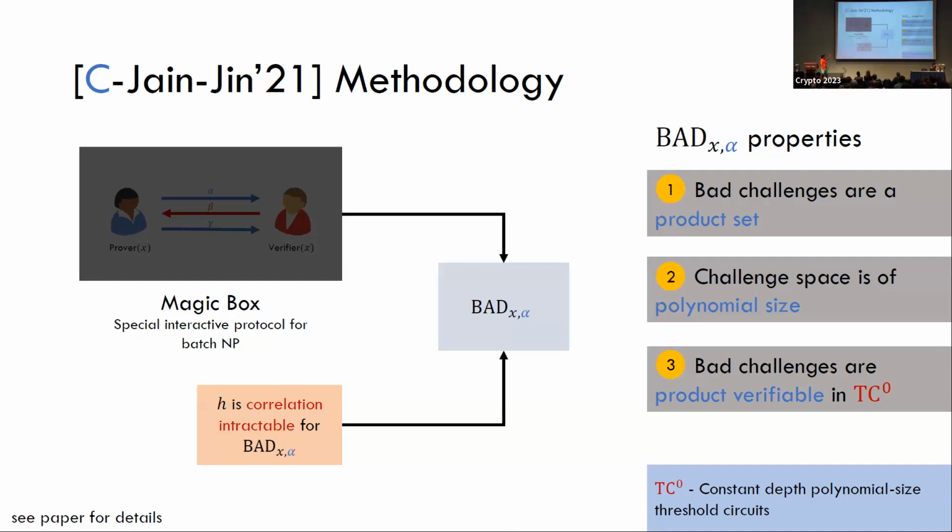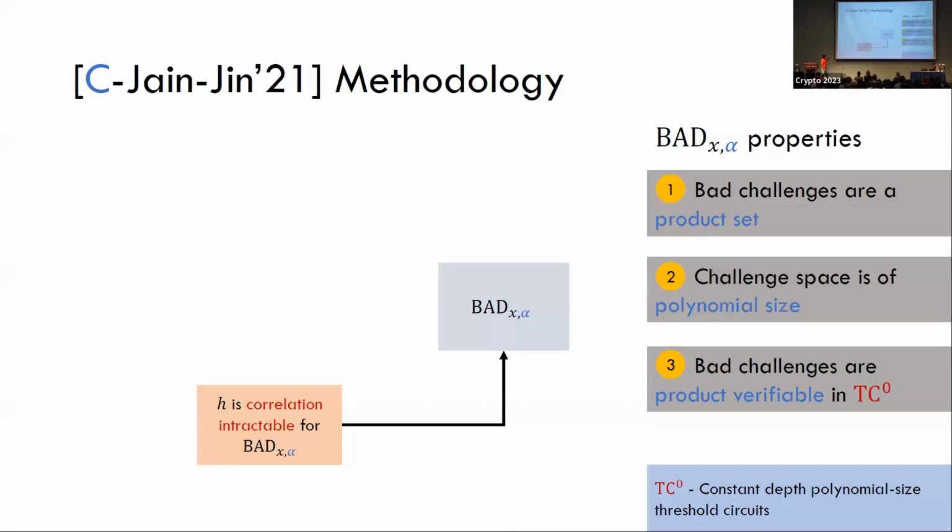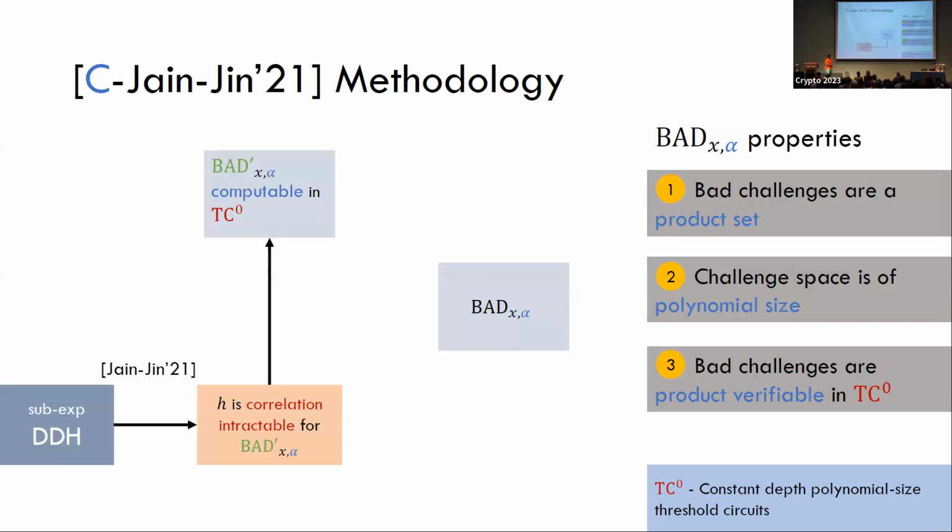So now that we've got all the properties that we want from the magic box, we're going to ignore it from now on. So all that's left to do is construct correlation intractable hash functions for the bad set satisfying these properties. So we do actually know correlation intractable hash functions from sub-exponential DDH. This is based on work by Jain and Jin, but they don't quite get what we want. They get something that's sort of related.